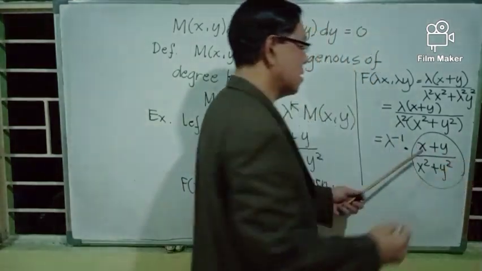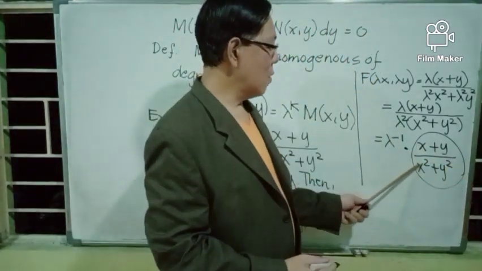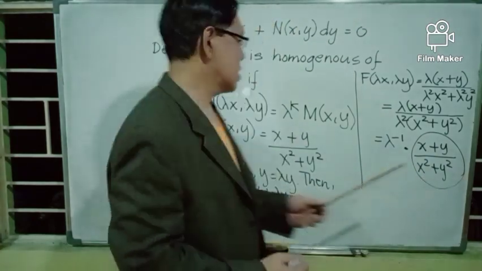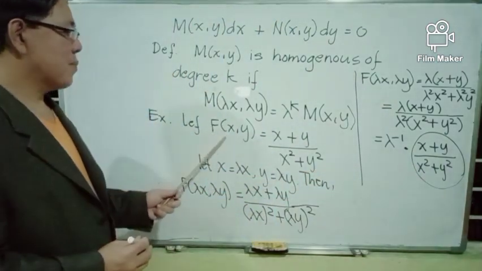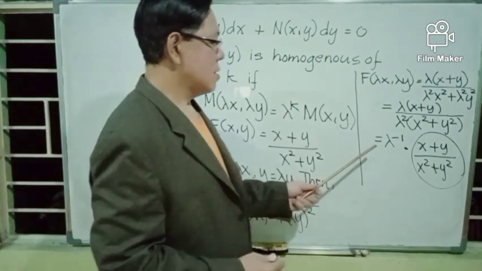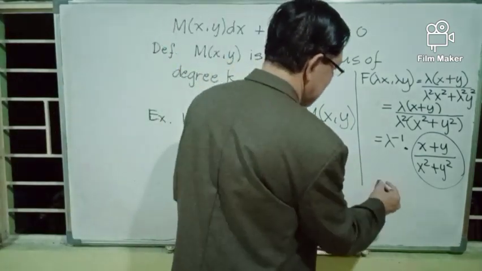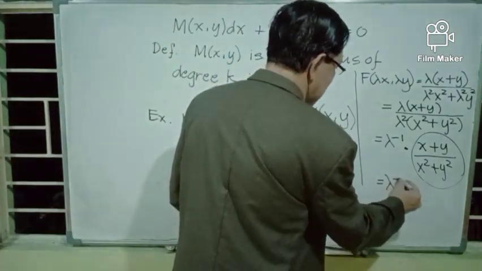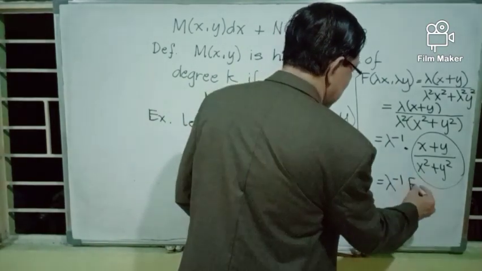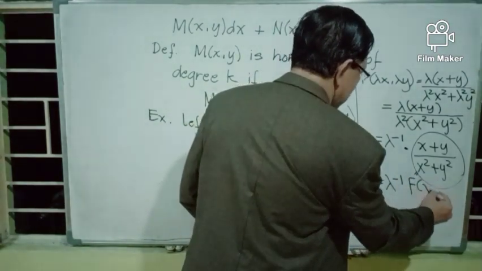But this x plus y over x squared plus y squared is the given function f of x y. Thus, we can write this as lambda to the negative 1 multiplied by f of x y.